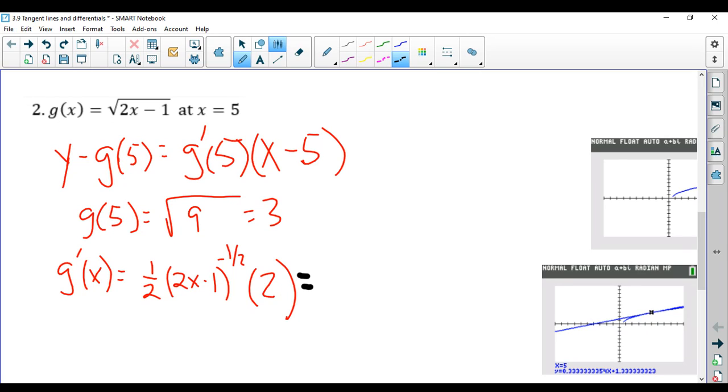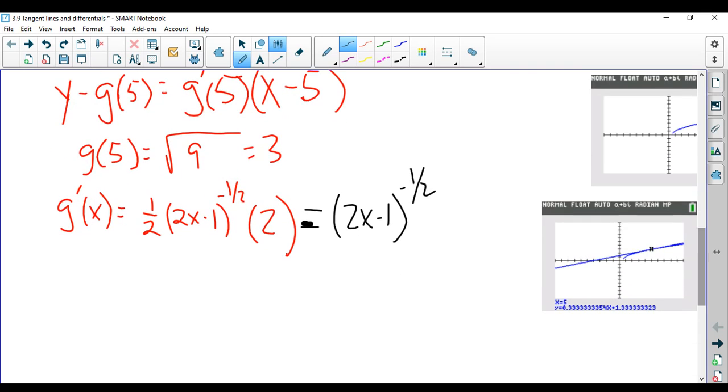So g prime of x is just 1 over 2x minus 1 to the positive 1/2.